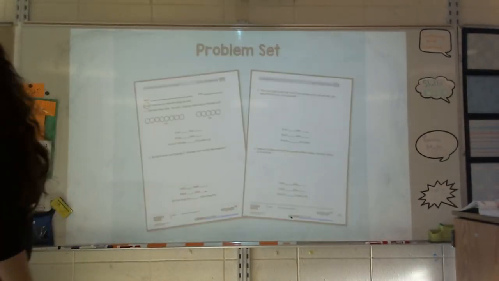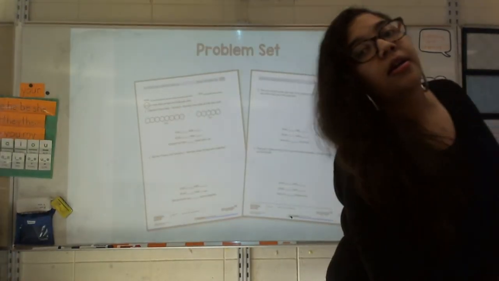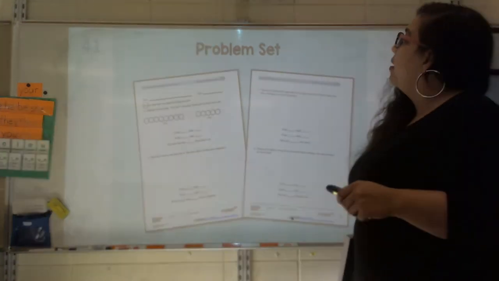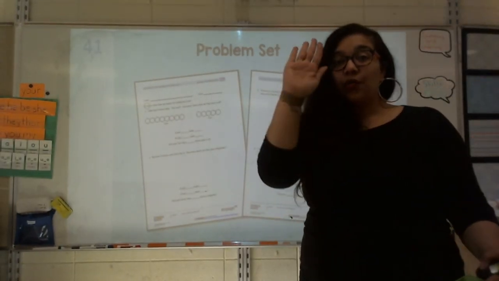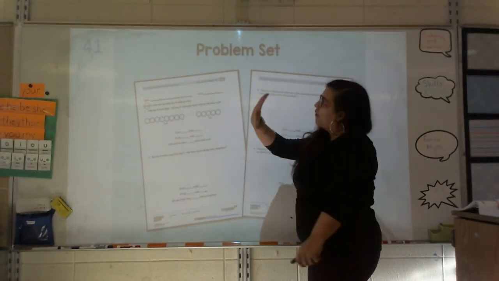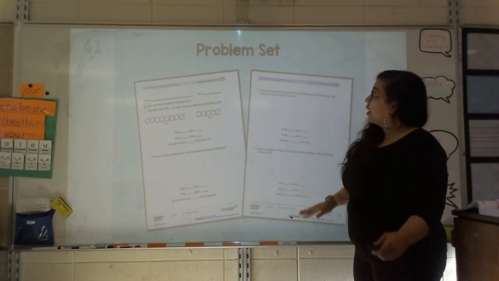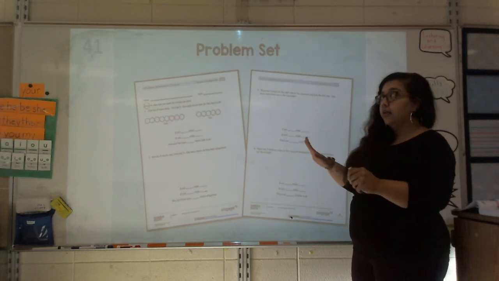We see our problem set, which comes from our Learn book, that newish book we've just been using for a couple weeks now. It starts on page 41. It is front and back, front and back. So make sure after you do the first 2 word problems, you'll flip it over to the back side so you can complete problems 3 and 4. Once you've worked on that for about 10 minutes, you're good, you're done.